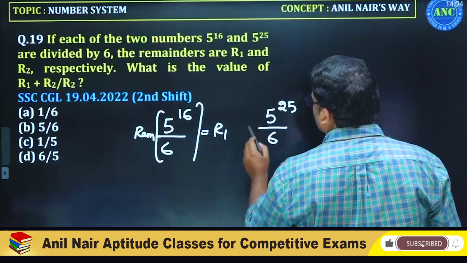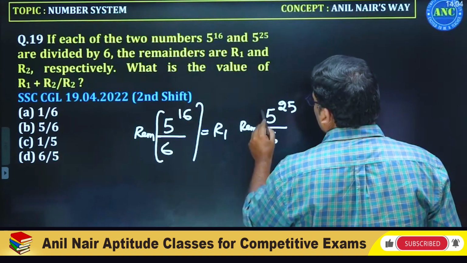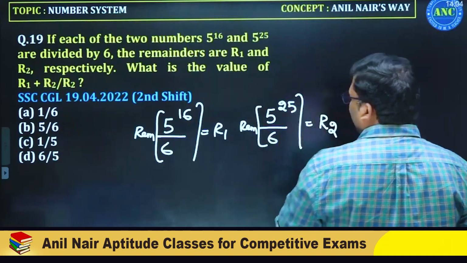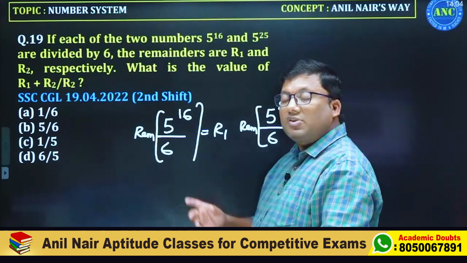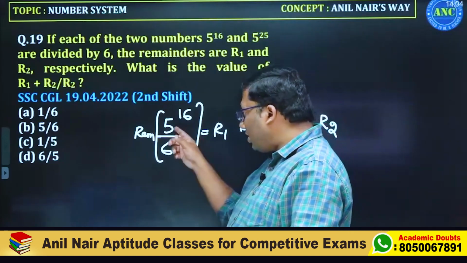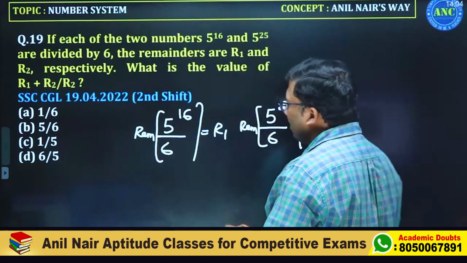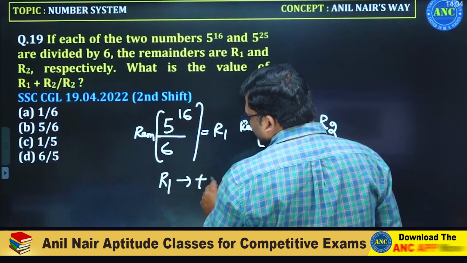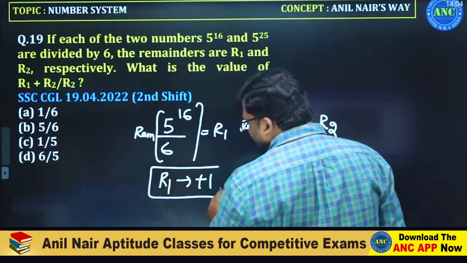When divided by 6, I got another remainder which I am calling R2. What will be the R1 value? 6 ones are 6, negative remainder minus 1. Minus 1 power even is plus 1. So R1 is plus 1.